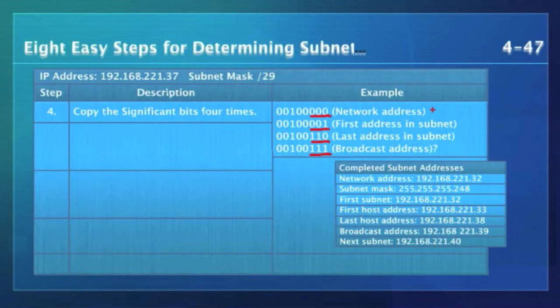The all zeros is our network address. The 001 is the first address in the subnet. The 110 is the last address in the subnet. And as you learned earlier, the all ones is the broadcast address.